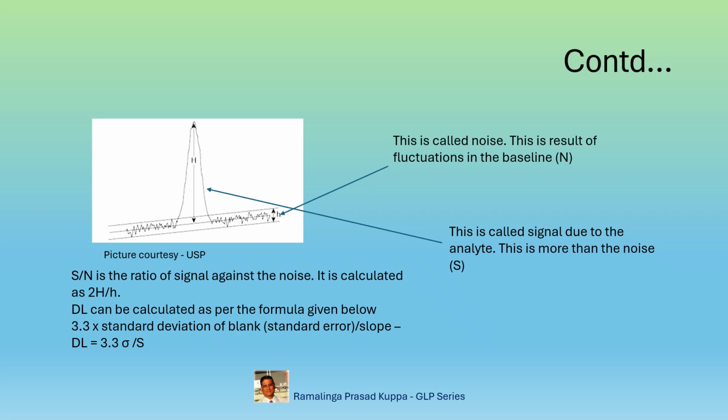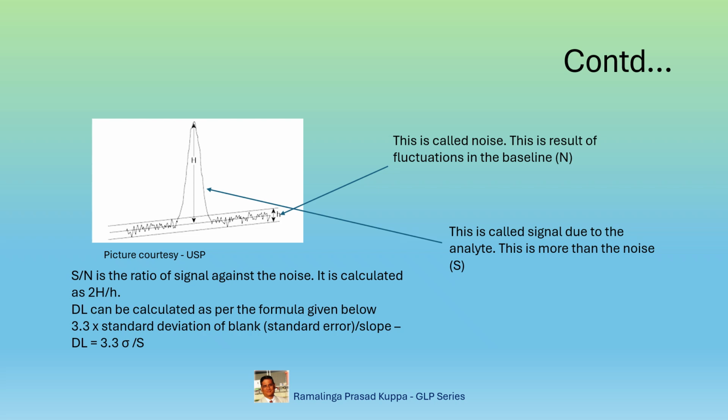You get a chart with the regression statistics details including R-square value, standard error sigma, intercept and slope S. Simply multiply 3.3 with the standard error and divide the result by the slope S. You get the detection limit. This calculation is also done by the software of your HPLC. This can be checked manually for knowledge.